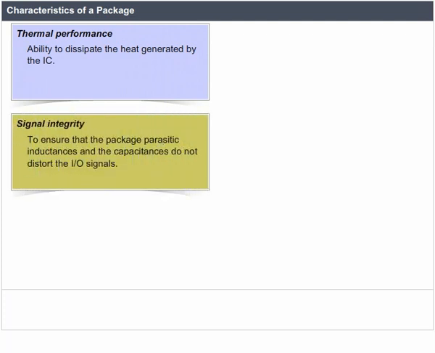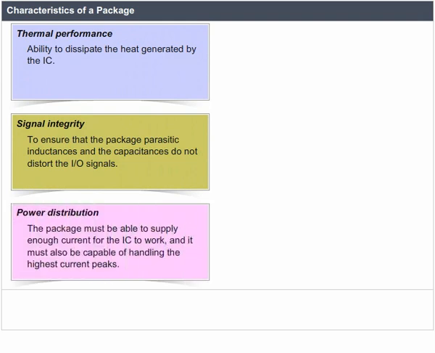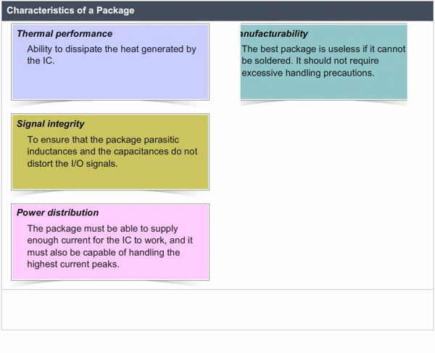Signal integrity, to ensure that the package parasitic inductance and capacitances do not distort the input-output signals. Power distribution: the package must be able to supply enough current for the IC to work, and it must also be capable of handling the highest current peaks.